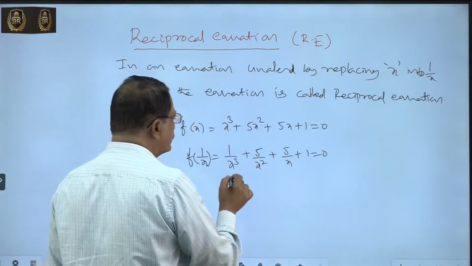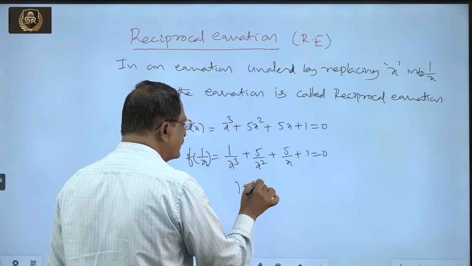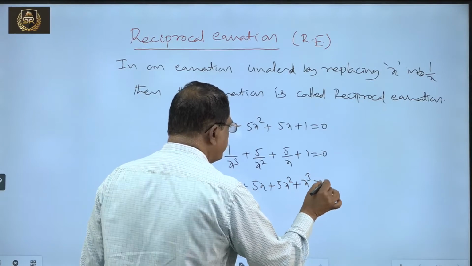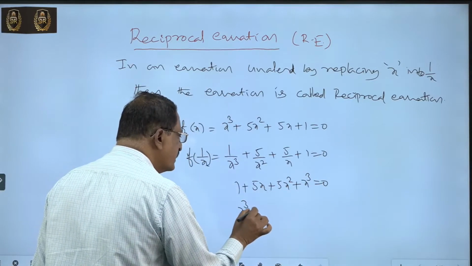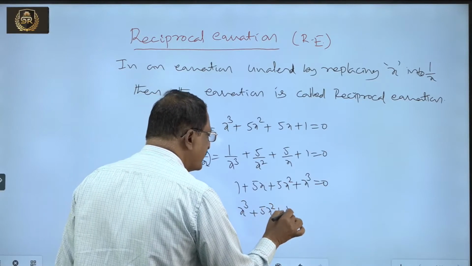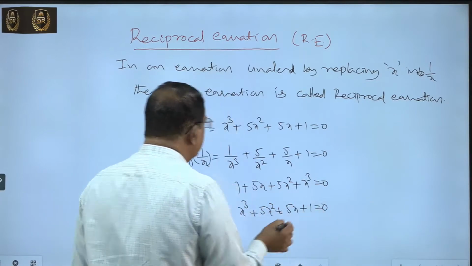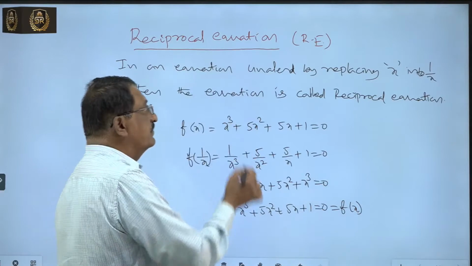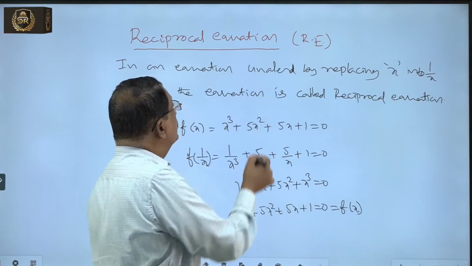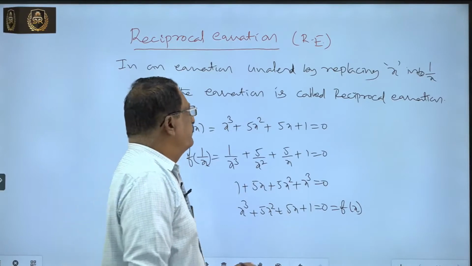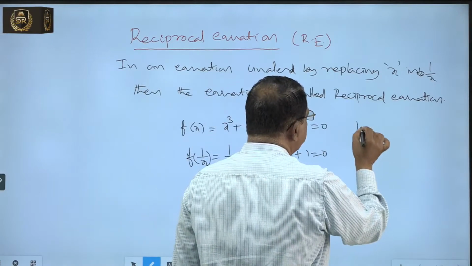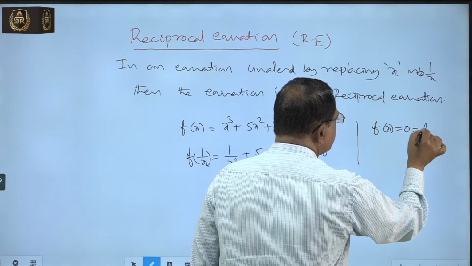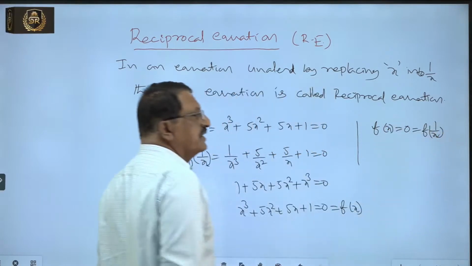Now, take LCM as x cube, we get 1 plus 5x plus 5x square plus x cube equals 0, or x cube plus 5x square plus 5x plus 1 equals 0. It is the same as f of x. Therefore, f of x is a reciprocal equation. Reciprocal equation means f of x equals 0 is the same as f of 1 by x.